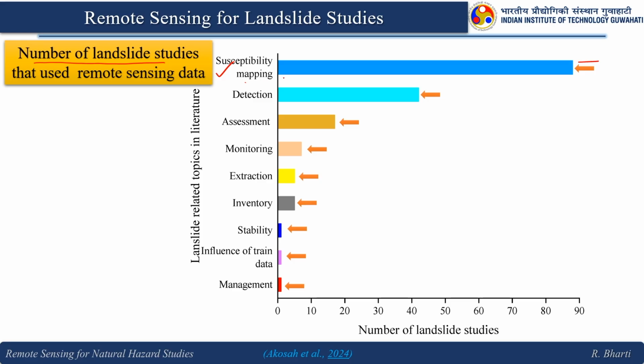This is highest, then the detection, then you have assessment, then monitoring, then extraction, then inventory, stability, influence of terrain data, then management. Here you can see the number of landslides. So, susceptibility mapping is where people have used remote sensing the maximum.